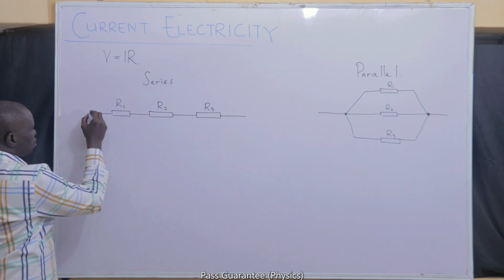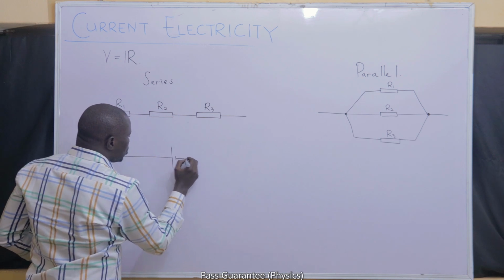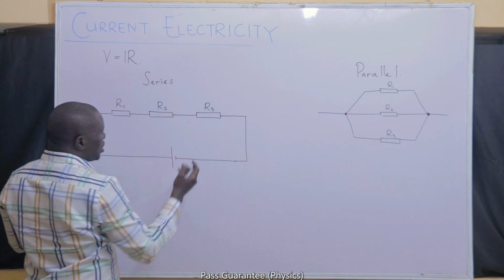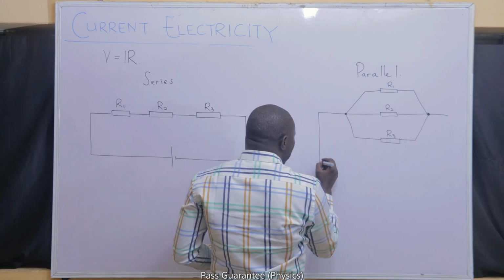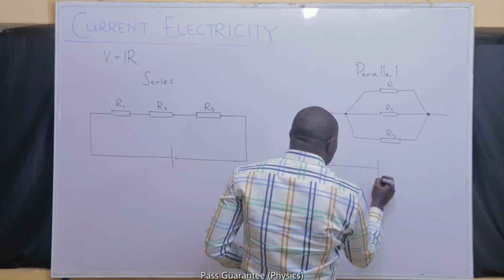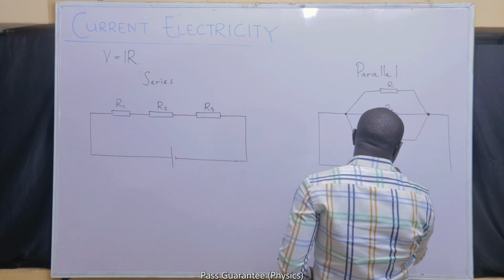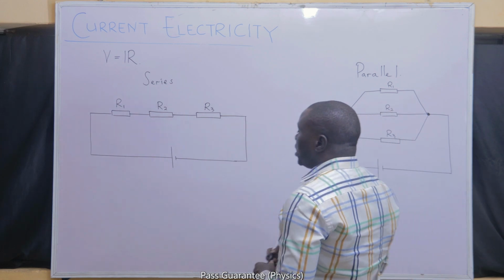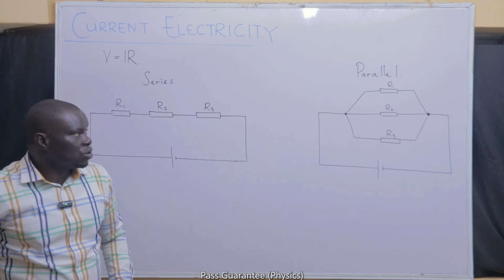If I decide to connect this arrangement to a cell that is going to drive current through them by applying a potential difference across their ends, the series connection is complete. If I also connect this one to a cell that is going to drive current through them, by applying a potential difference across them, this parallel connection is also complete.